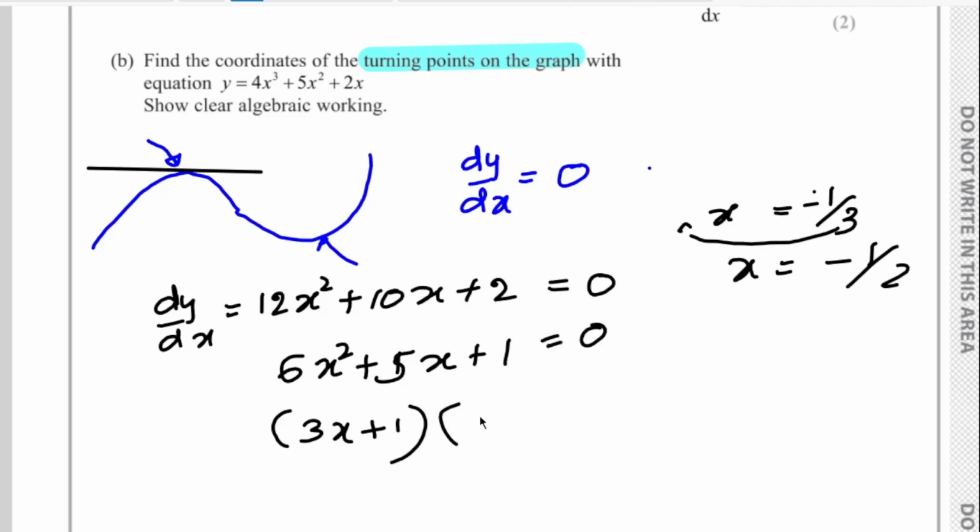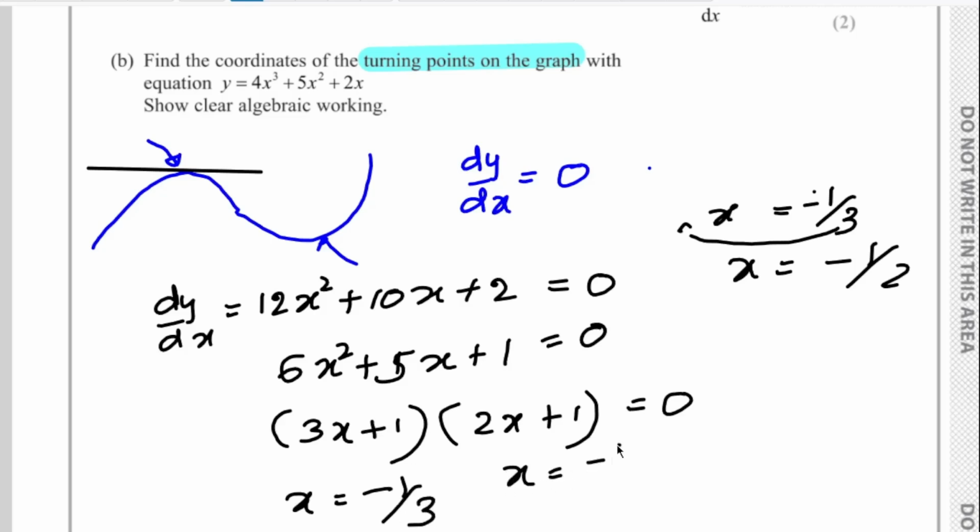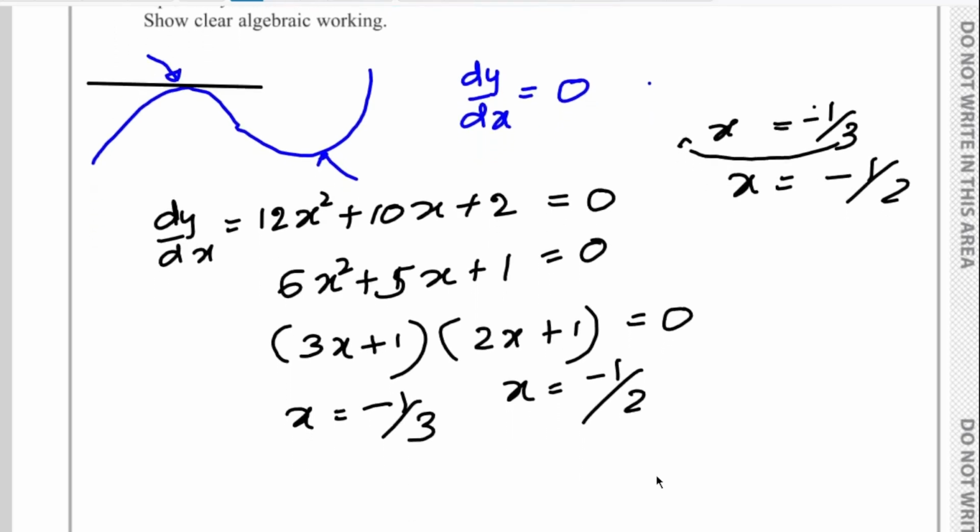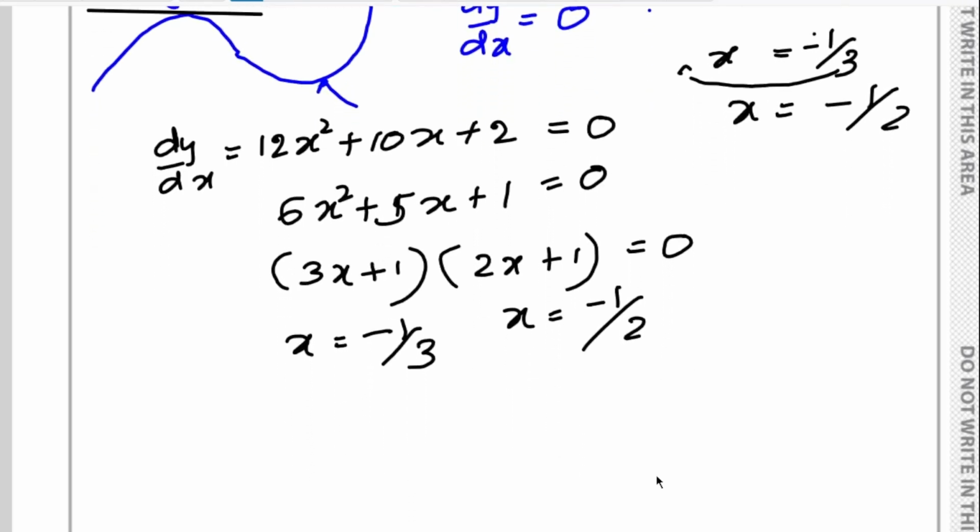The next one, 2x plus 1 equals 0. After that, write the calculated answers: x equals minus 1 over 3, x equals minus half. Now we have 2 x values. For those x values, you need to get the y values as well.